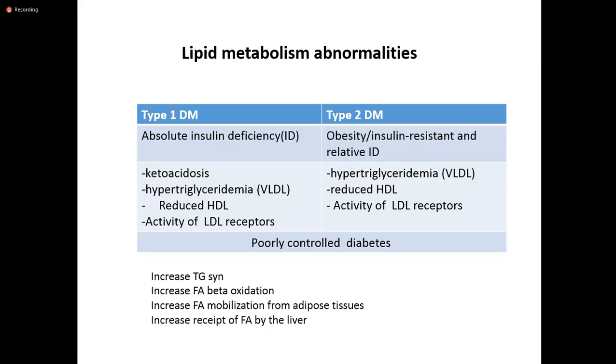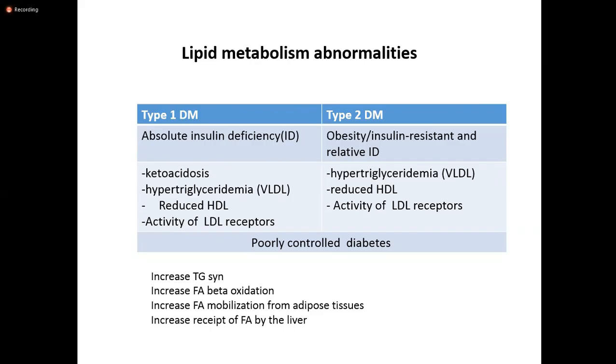Understood? So these type 1 and type 2 patients who are having poorly controlled diabetes can have dyslipidemia, which constitutes hypertriglyceridemia, reduced HDL, and increased cholesterol.